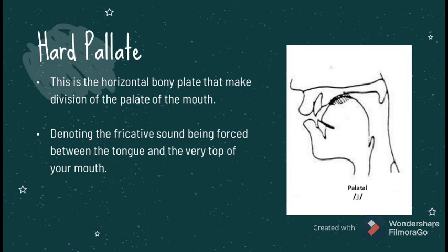And the next is the hard palate. The hard palate is the horizontal bony plate that divides the roof of the mouth, as shown in the image. This denotes the fricative sound being forced between the tongue and the very top of your mouth.